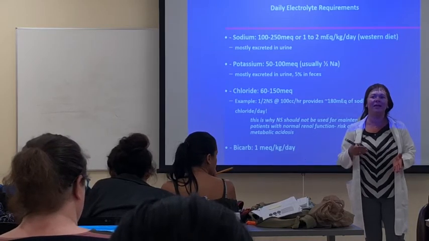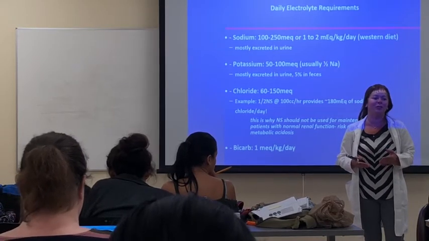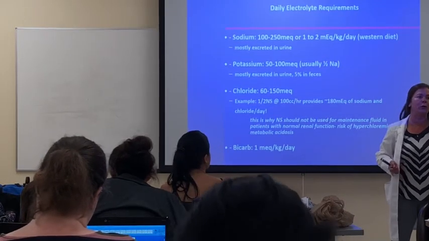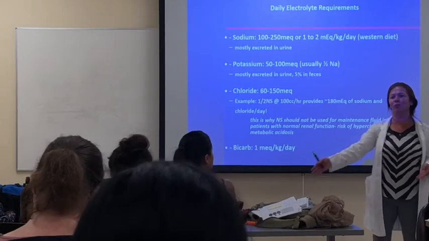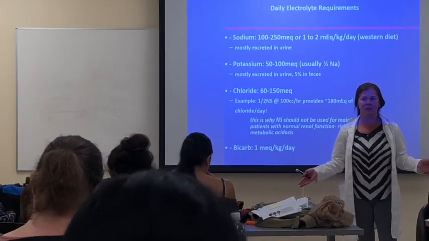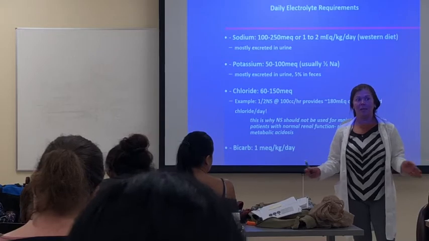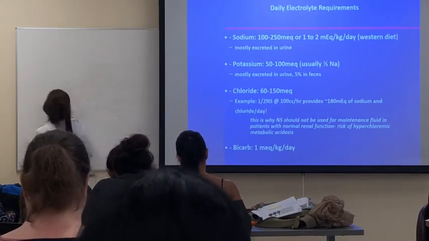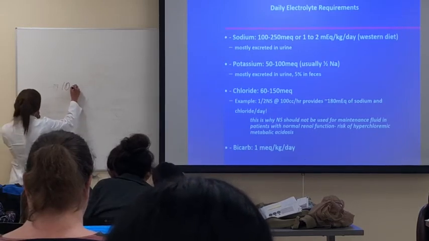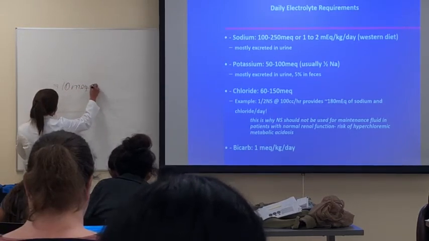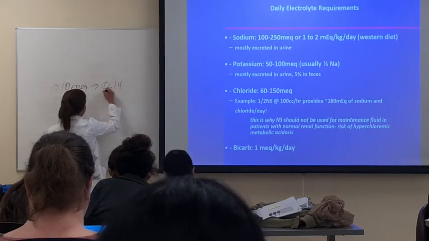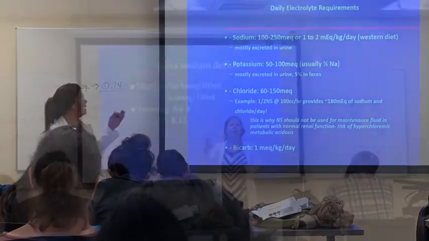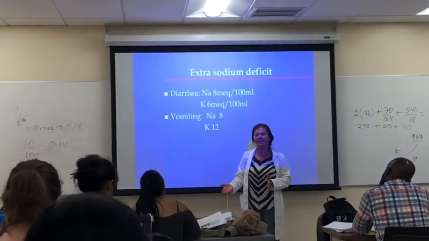It's not just, if the potassium is less than 3.4, let me give 20 milliequivalents. It doesn't work that way. For every 10 milliequivalents of potassium that you give, the potassium goes up only 0.14.